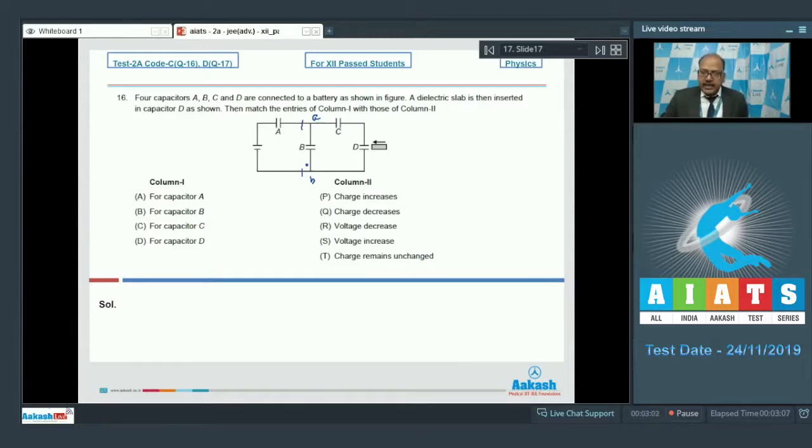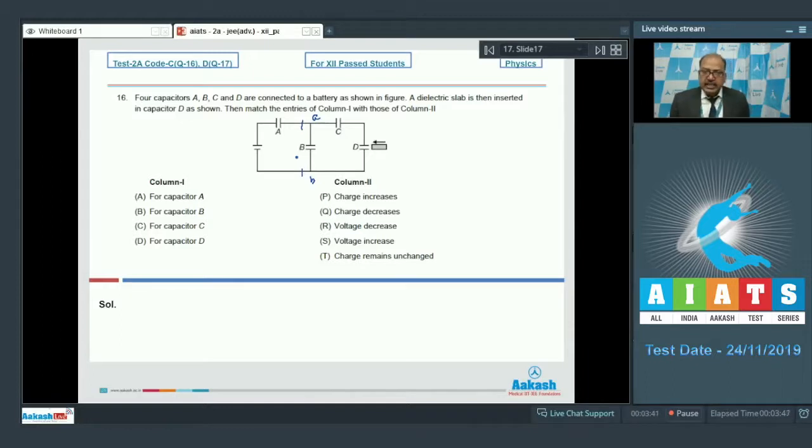Now if that is the case, then overall charge will also increase, which clearly means that charge on A will increase, right? We don't have to do any calculation. We just have to be analytical and logical. As the dielectric is inserted in D, its capacitance increases, and which means total capacitance of the network also increases, which means overall charge will increase.